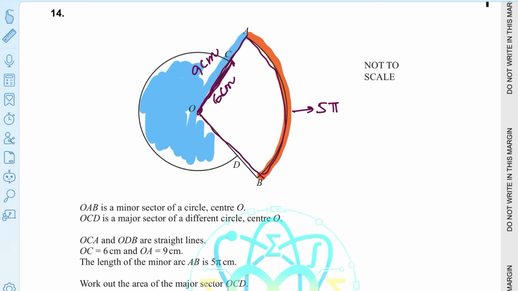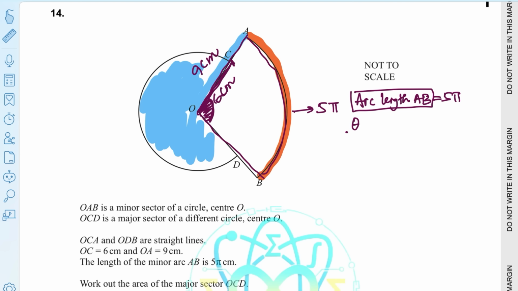Before that, we can find this angle first. How to find this angle? We know that the arc length AB equals 5 pi. How to find the arc length of a sector?